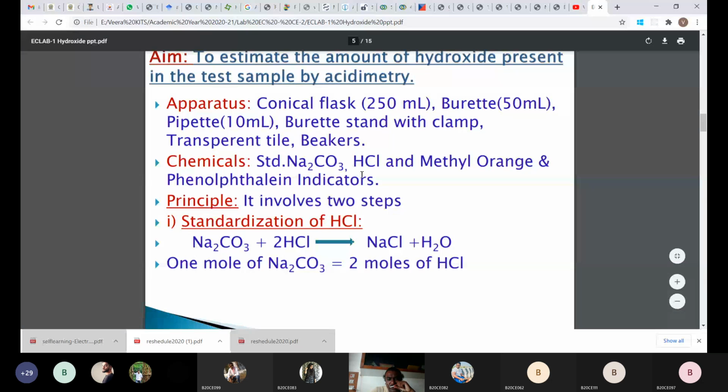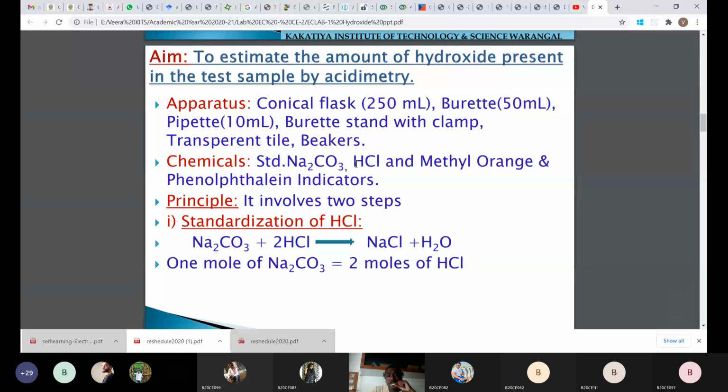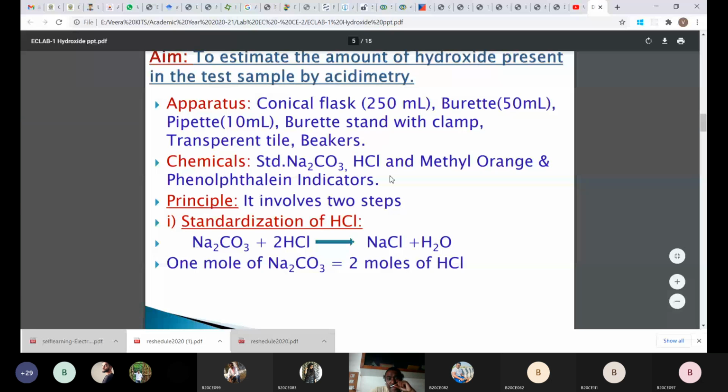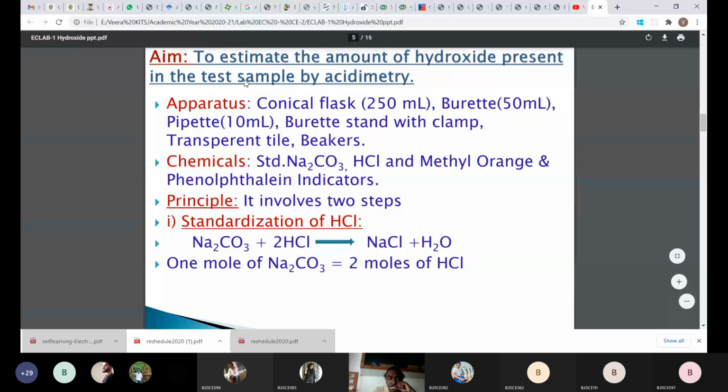So you need to estimate how much hydrochloric acid is present in the solution. I mean, what is the concentration of HCl? You need to estimate in the first step, because we need to use this HCl as the main titrant against your test sample, because the hydroxide means it is a base. So you need a strong acid to titrate against the test sample, which is a basic solution.